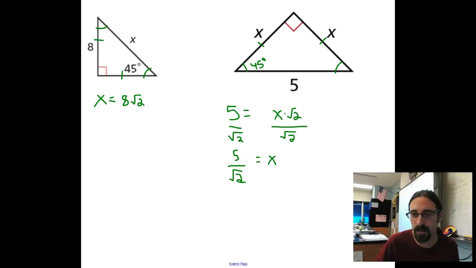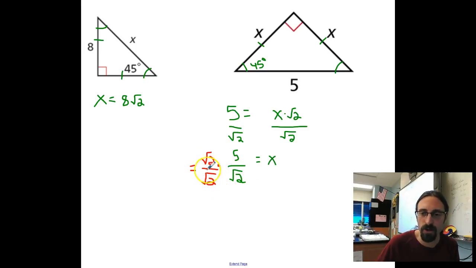No big deal. We just practiced this the other day. How do you get rid of a radical in the denominator? Multiply it by 1. And notice I'm doing this in red because the square root of 2 divided by the square root of 2 is 1. Math magic, right? Okay, so here we go. What do you end up with?